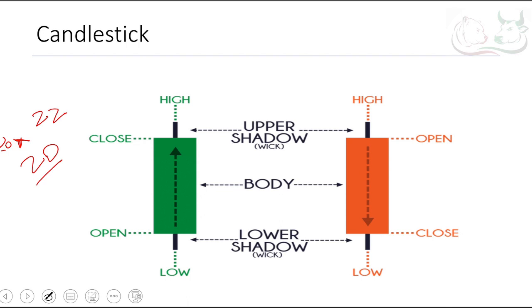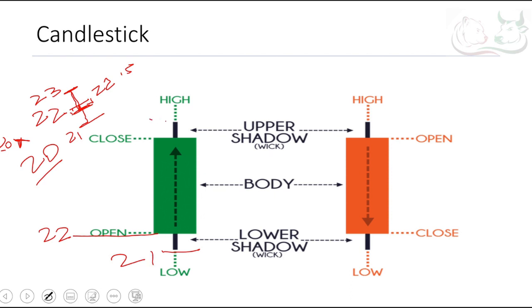It was closed here, and now it is opening here. It went up to 23, then came down and touched a day low of 21, and then closed at around 22.50. If you depict that, this is your open price, which is 22. This is your low price, which is 21.